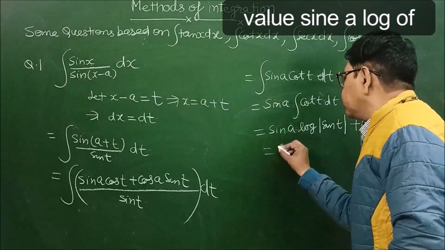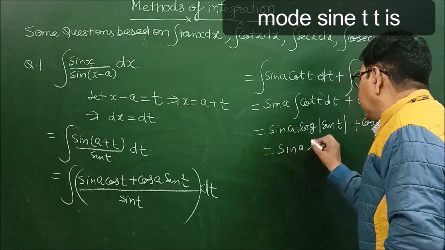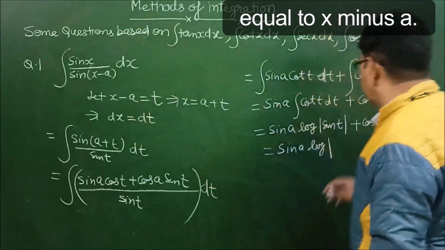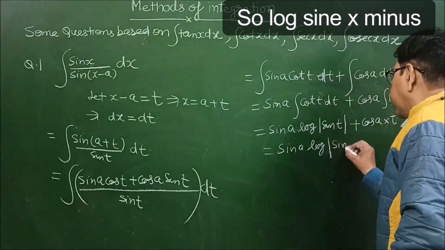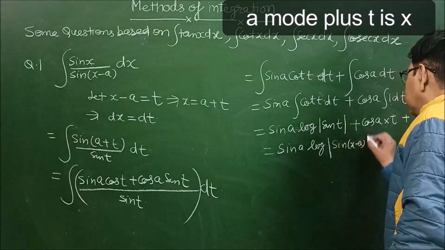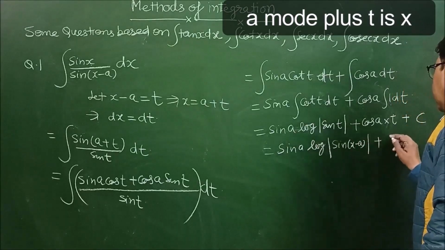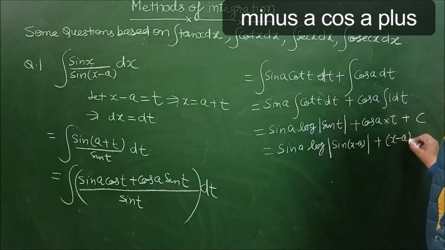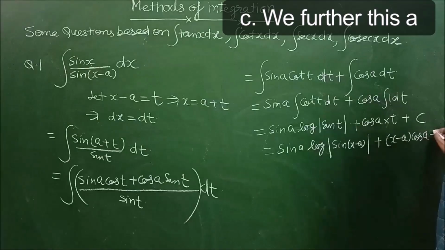Now putting the values, sine a log of mod sine t, where t is equal to x minus a, so log mod sine (x minus a) plus, t being x minus a, (x minus a) cos a plus c.